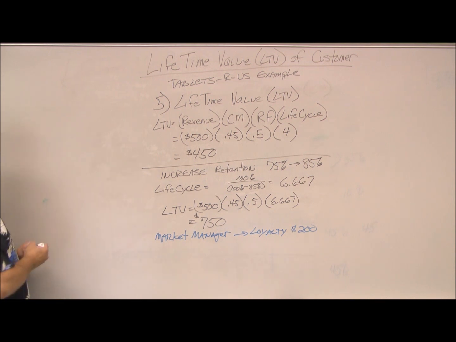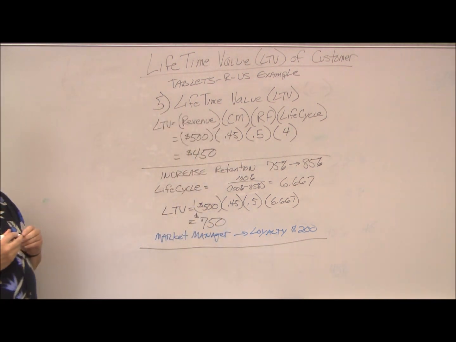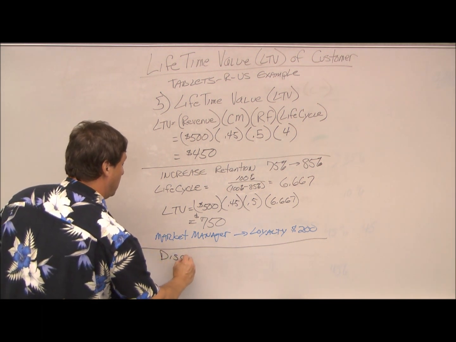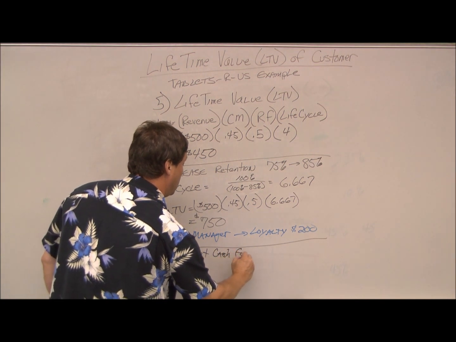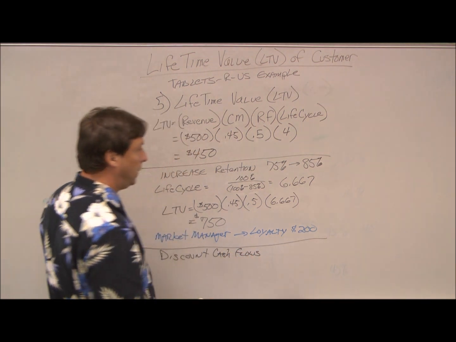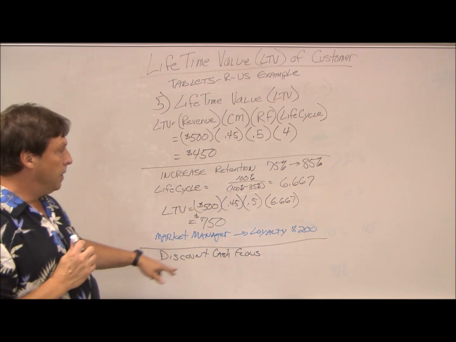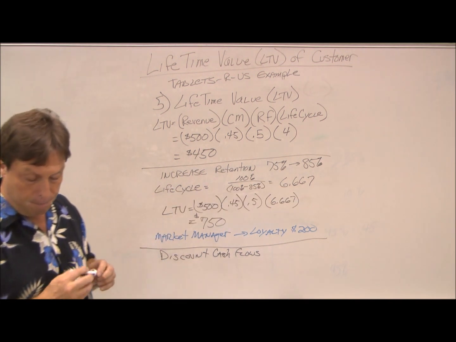Some of the other variables that you see that we're not going to get into in this course is, one big one is the discounted cash flows. Which simply means that $1 today is worth a lot more than $1 that's almost 7 years out.